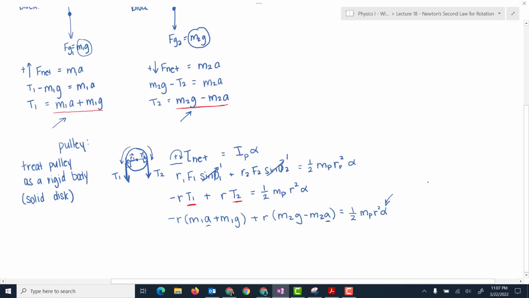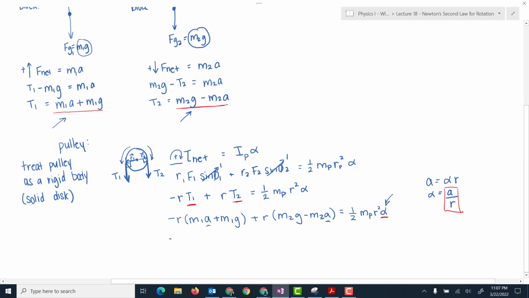So what we're going to do is replace alpha with whatever it equals in terms of A. Do you remember we have this formula, A equals alpha R. If I solve for alpha, I get A over R. So I'm going to take my alpha and replace it with this A over R. That's because I'm trying to solve for A, and I have this unknown value alpha here, but I do know that alpha equals A over R, so I can replace it, and then I'll be able to solve for A. So let's do that next.